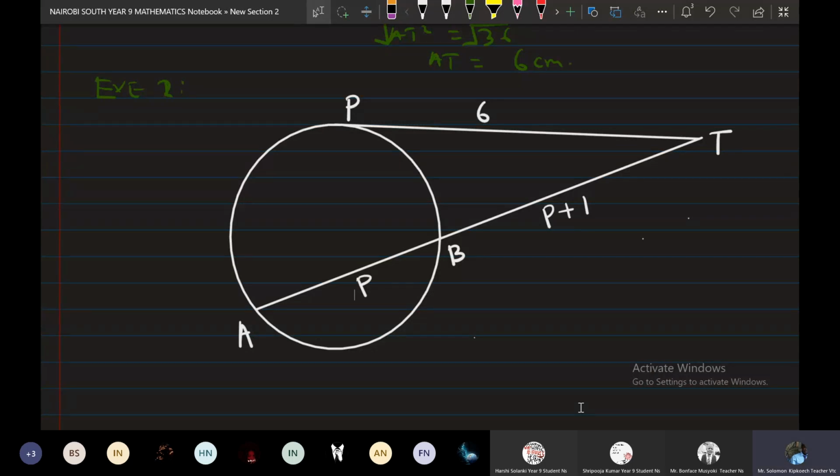Then Mr. Boniface, after they have gotten their answers, you will lead us through. So is it 4? Just say your answer. Of course, we are waiting. Who is that? You said your P is what? 4. Hashi.